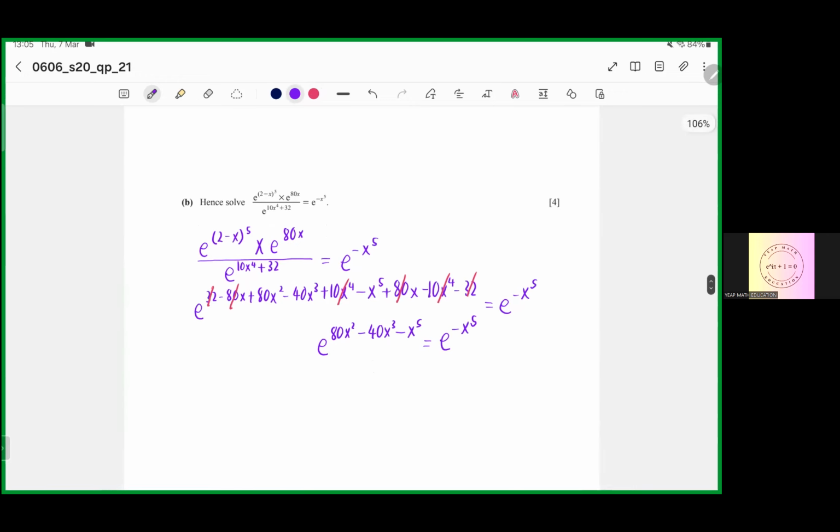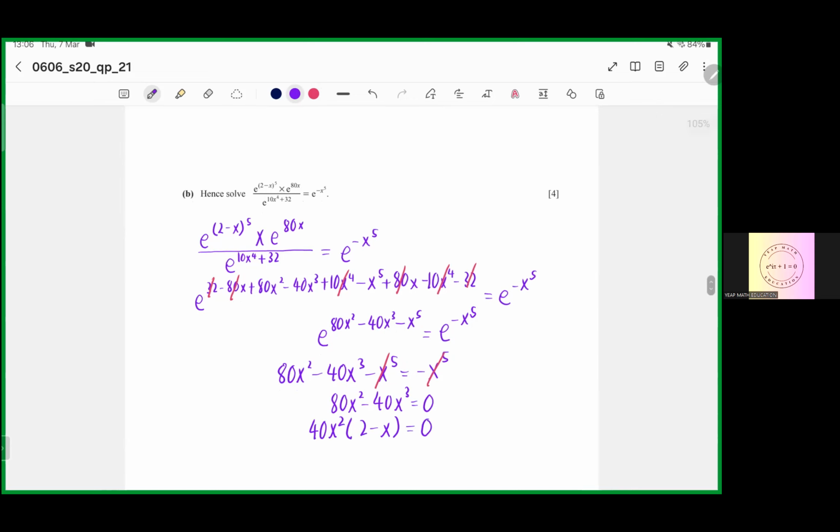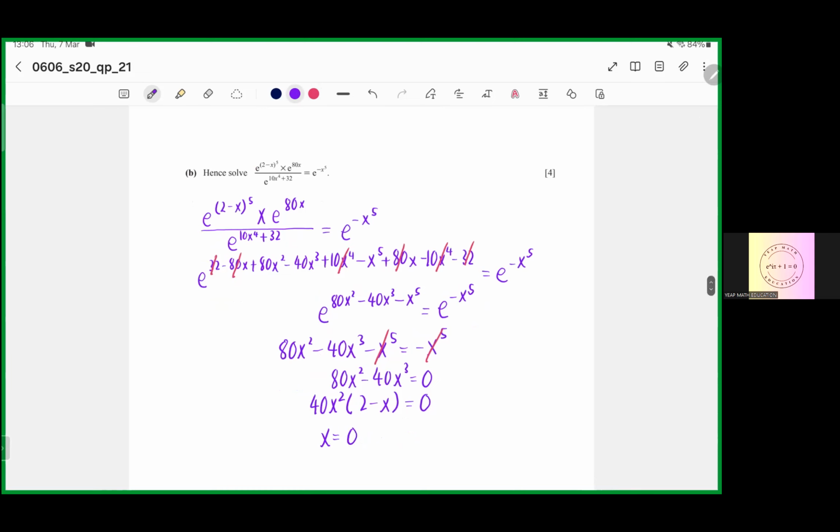Now we put it together. Okay, this also can be eliminated. Now we get 18x squared minus 14x cubed equals 0. So 14x squared bracket 2 minus x equals 0. So we get x equals 0 and x equals 2.